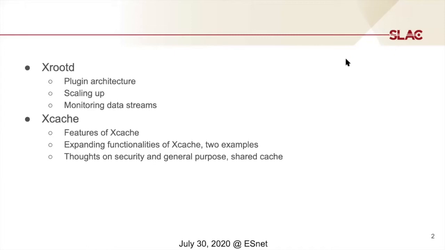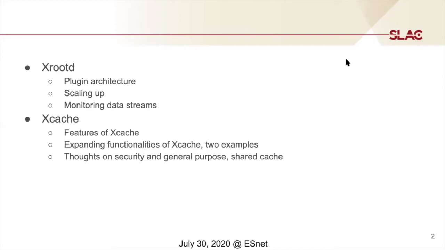I'll be talking about the features of Xcache and how we expand the functionalities of Xcache. I will give 2 examples on that, and that will bring up some interesting thoughts and discussions. And then in the end, I will bring up the security and the general purpose shared cache, the idea, and what works, what may not work.